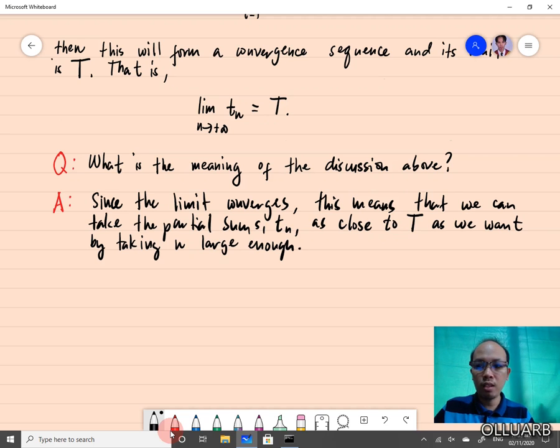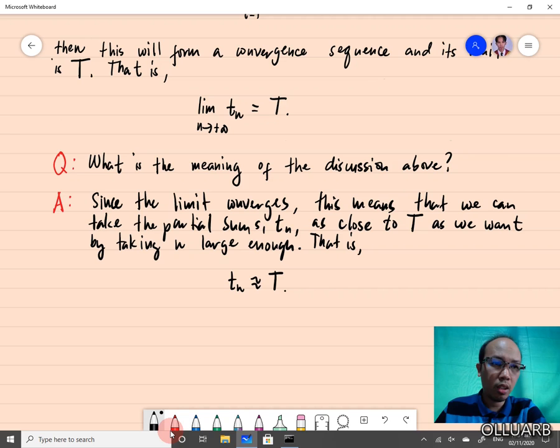So this means that the sum of the actual value of the series can be approximated by the sequence of partial sums.